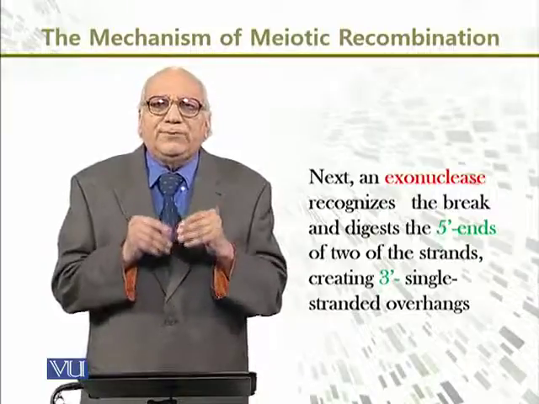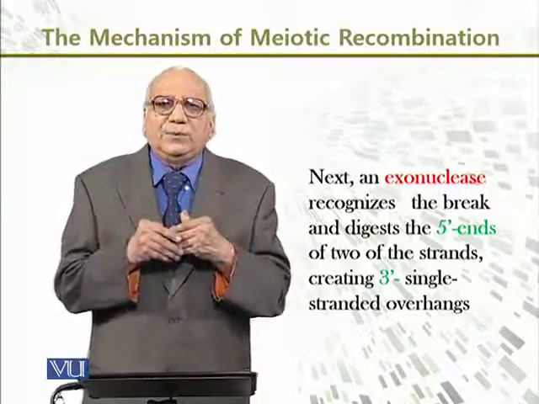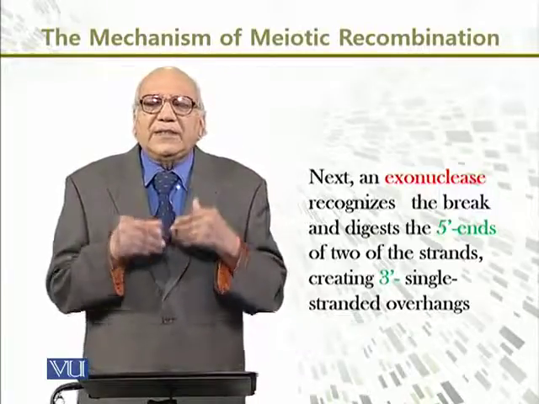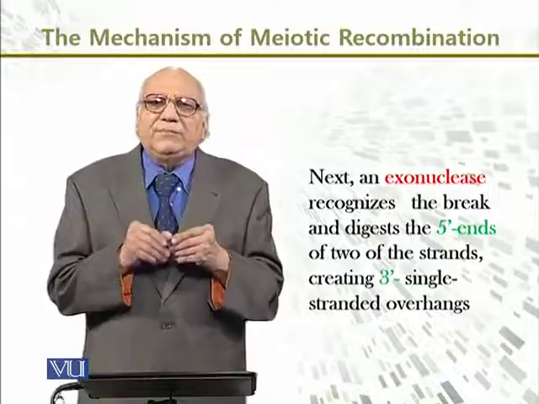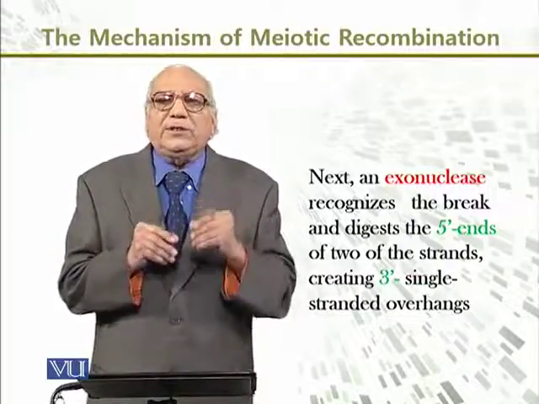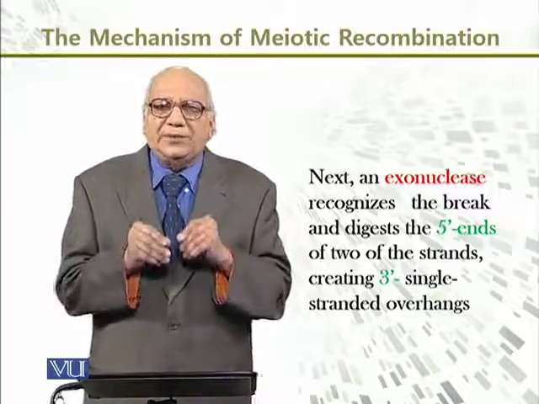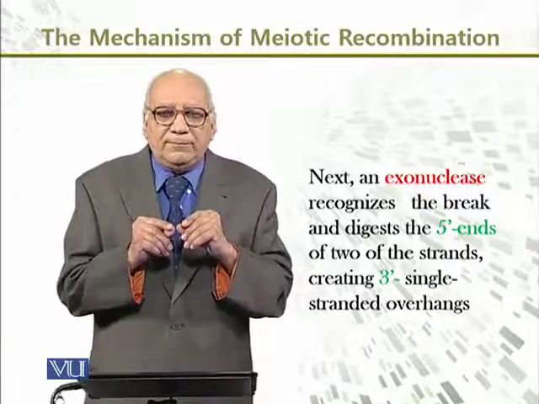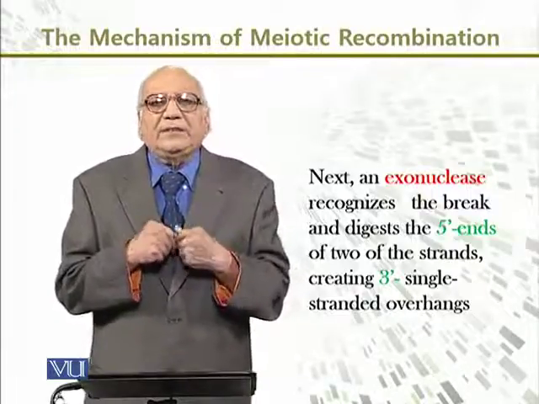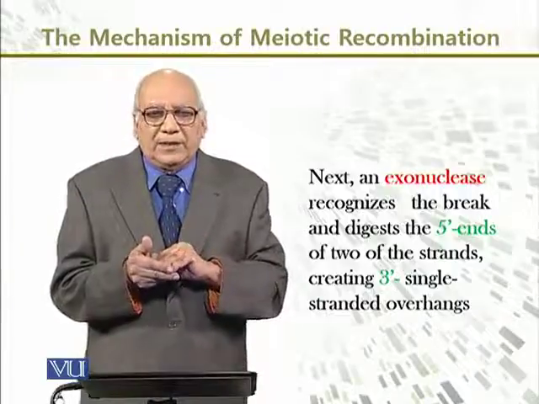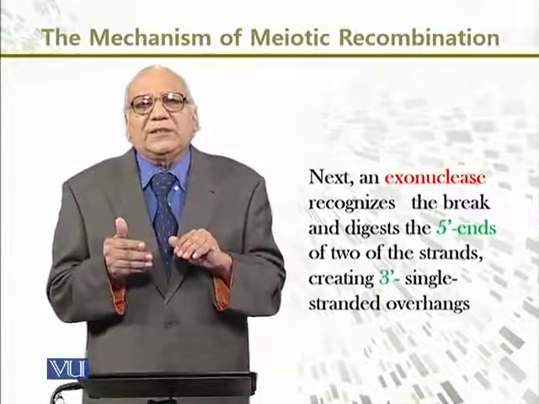Remember, if we have a double-stranded DNA and a nick occurs, it breaks, and we end up with two 5' ends. Now this nuclease recognizes those and creates 3' single-stranded overhangs.